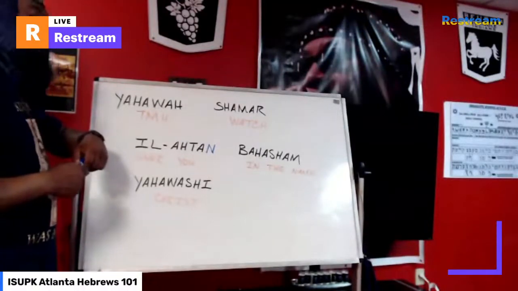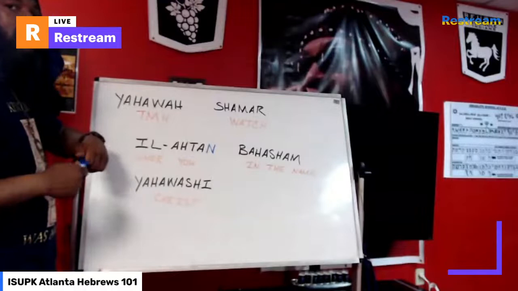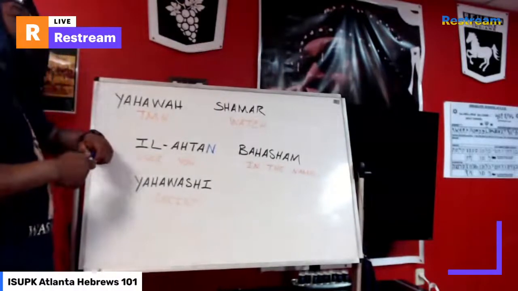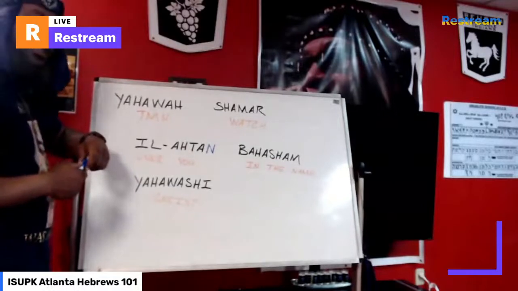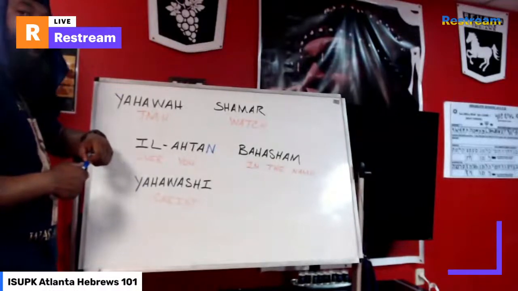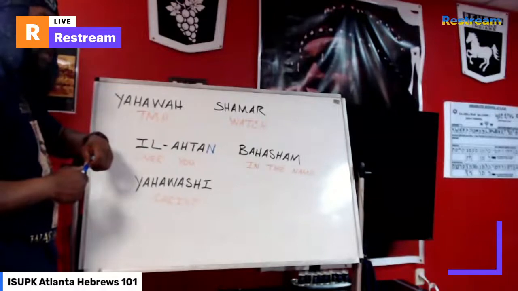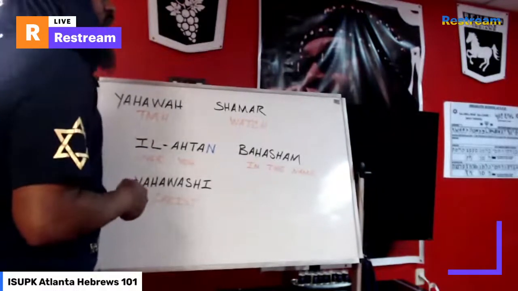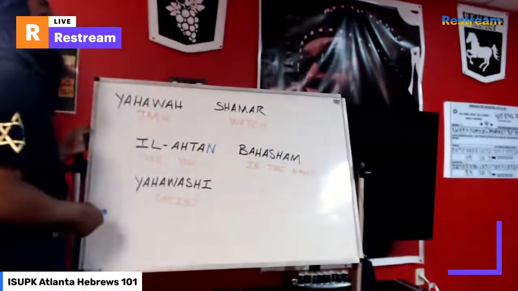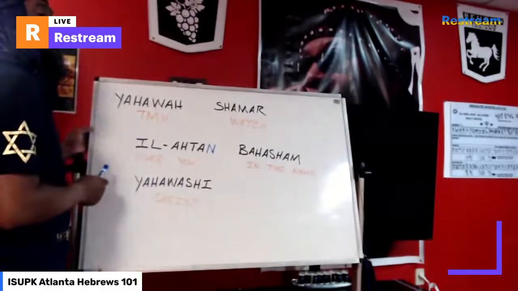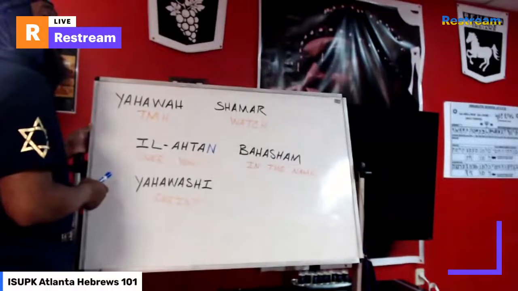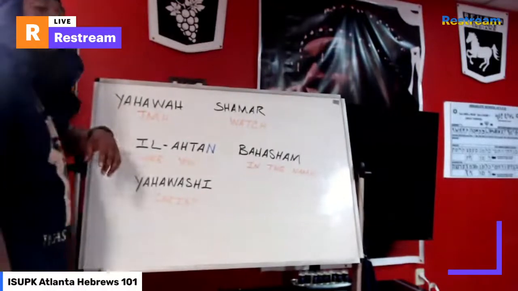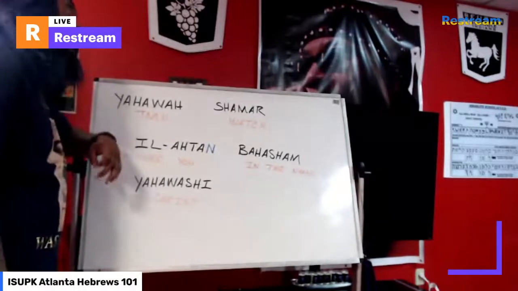Because if I was to say it to the brothers, it would be Alathum. That is right. It's plural male, masculine, versus plural feminine. Very good. That's correct. So that's y'all women.